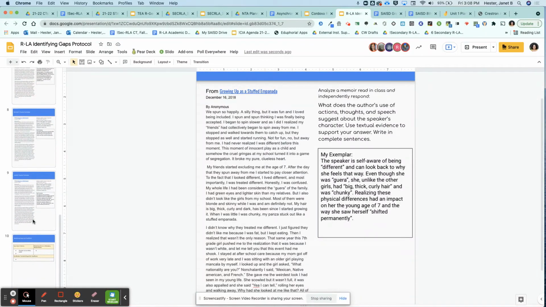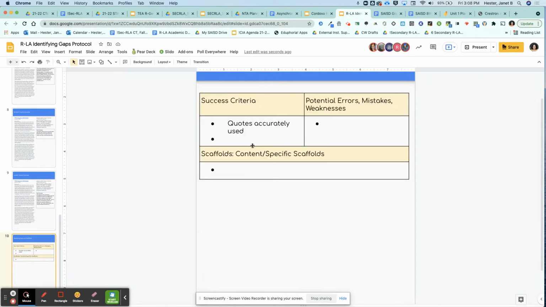Okay. Obviously the quote needs to be accurately used. Is paraphrasing something that we would do in the first 2 weeks, or is that something we might build to? That's a good question.